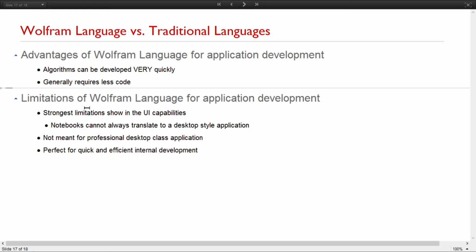I don't think you're ever going to be able to develop a professional-looking desktop application. There are just some limits in the way the notebook is set up. But I think you can get to something that looks pretty nice, and especially for quick internal development, it'll probably meet any requirements that you have.